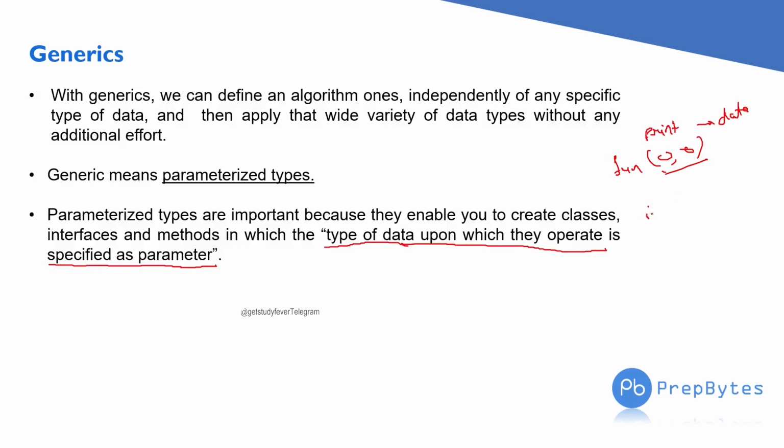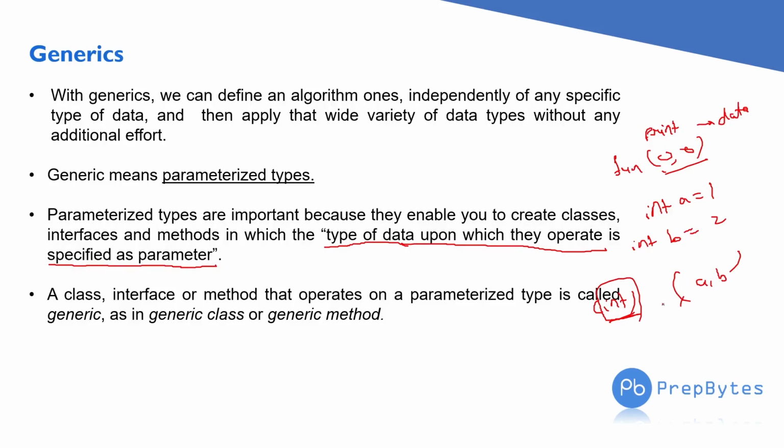So if int a equals 1, b equals 2, I passed a comma b, the variables. Now I will pass Integer, not actually int but the data type. So this is known as a parameterized type.